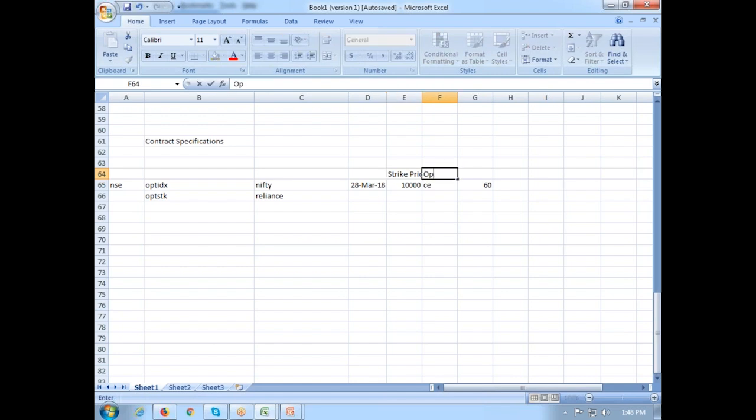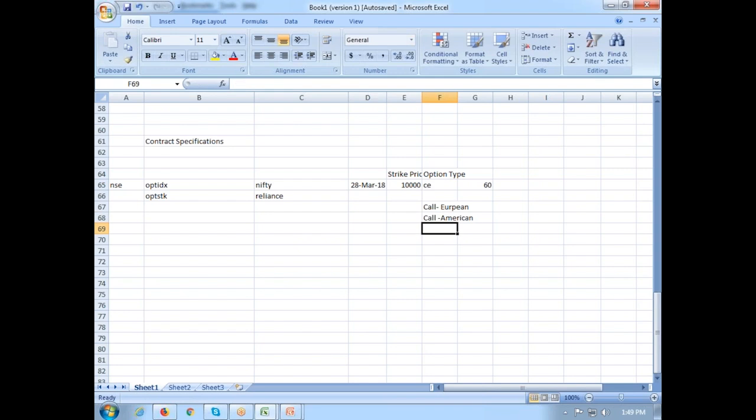This is the option type. Option type means call European. So what is the other type? Call American. So where can we see the European and the American?